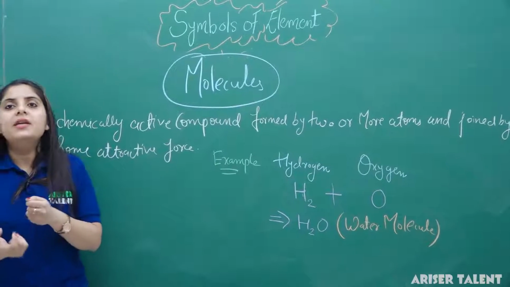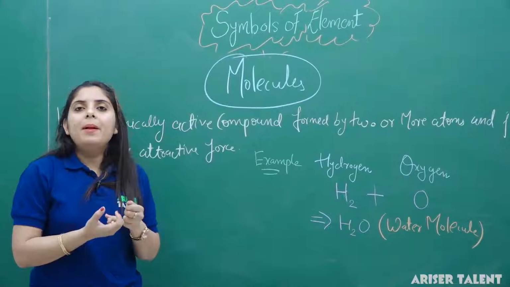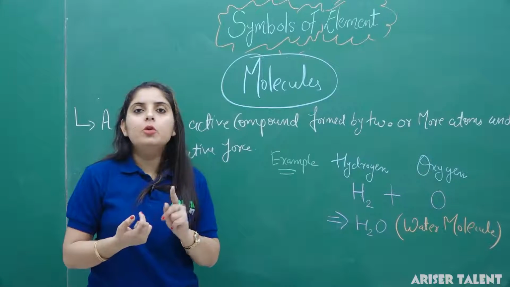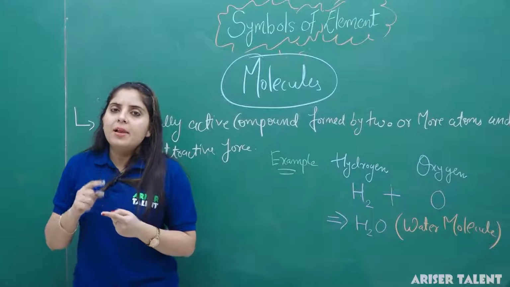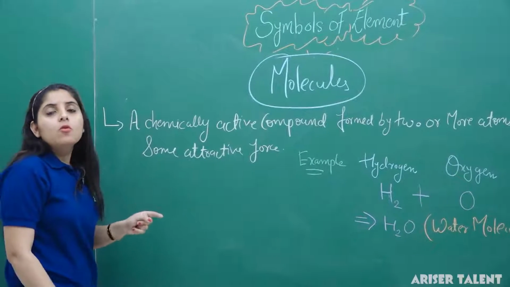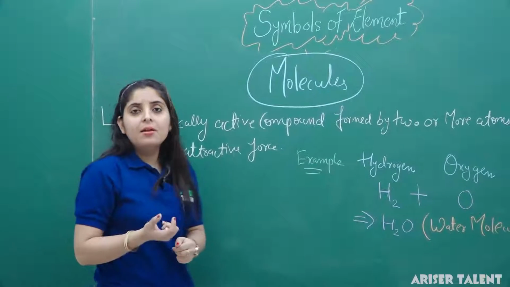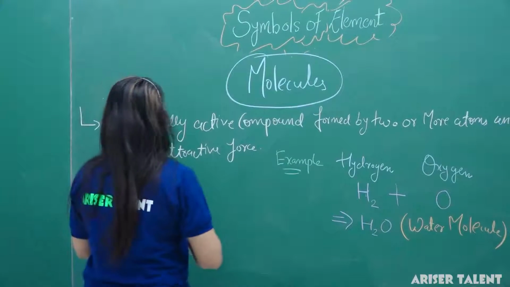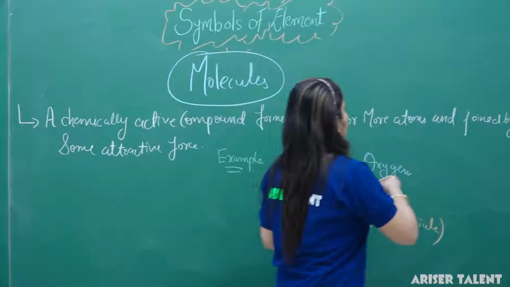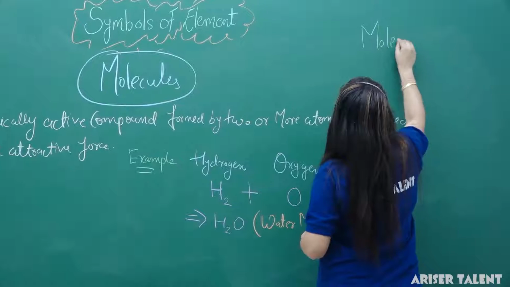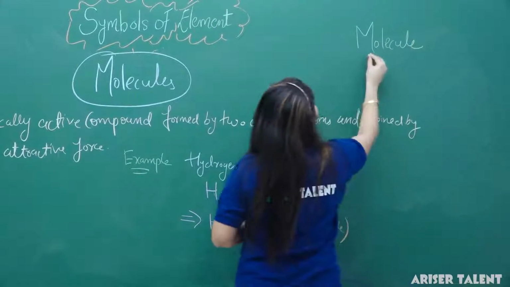We have different categories of molecules depending upon their number of atoms. Here we have two categories of molecule: the molecule of an element and the molecule of a compound. In the category of molecule, we have two types.